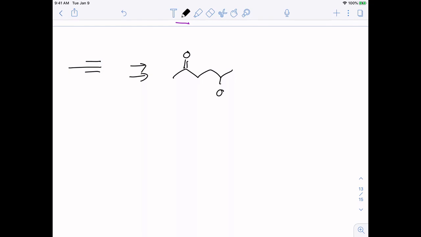So I'm going to have a hydroxyl group there. Carbons: I'm starting out with 3, and we're ending up with 1, 2, 3, 4, 5, 6 carbons. So we did at some point go through that alkene anion to the acetylide ion.